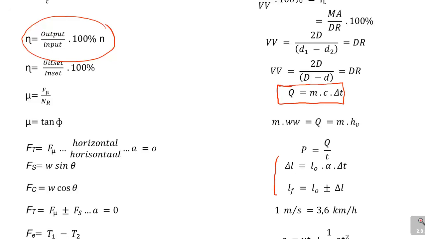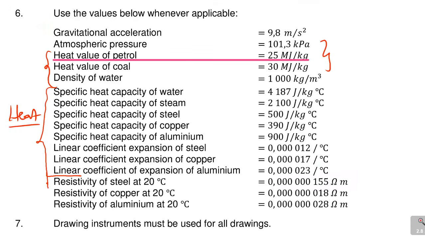There are also these two formulas when you're dealing with expansion: change in length, and the final length is the original length plus or minus the change in length. These are the few formulas that I'm quickly familiarizing you with, but it is very important for you to go through your textbook to get a basic understanding of the topic of heat.